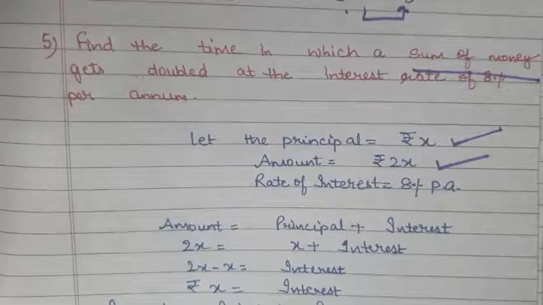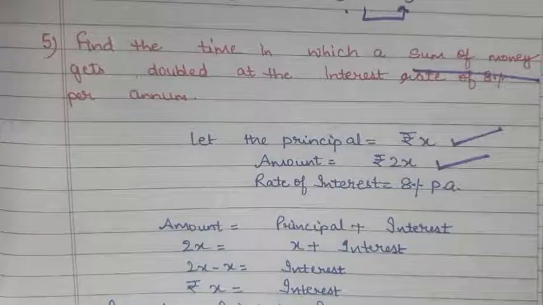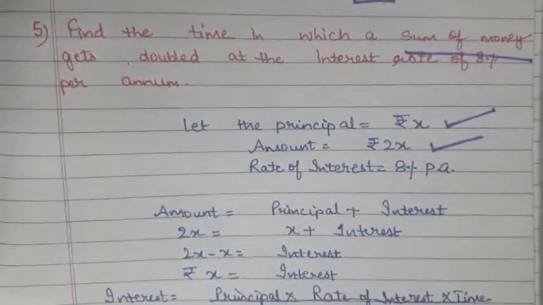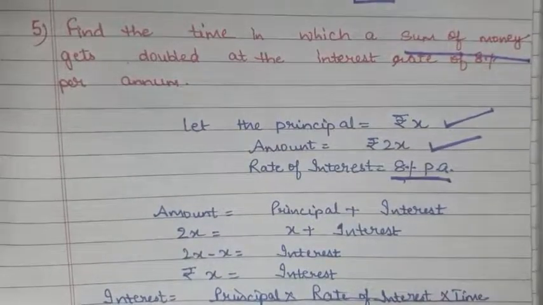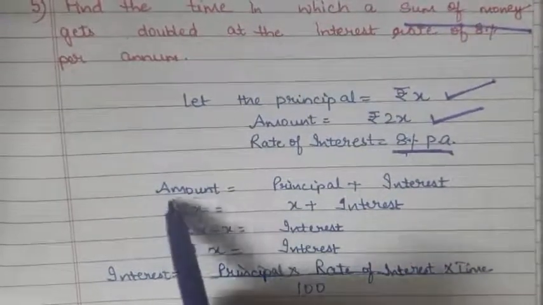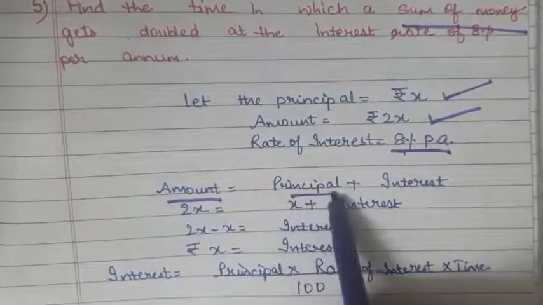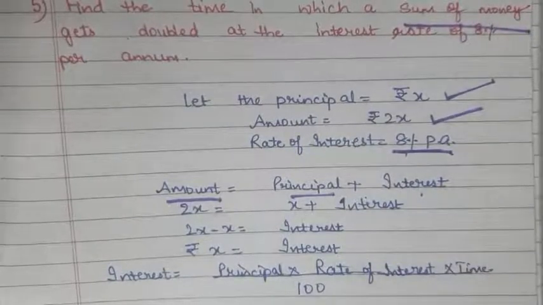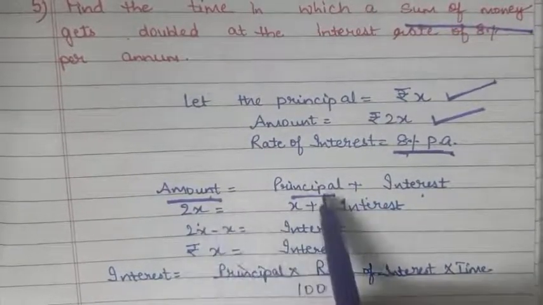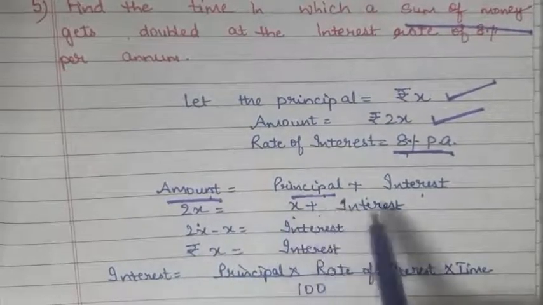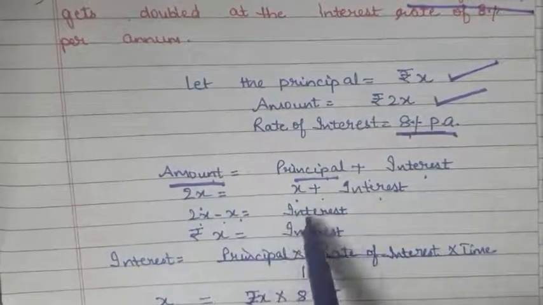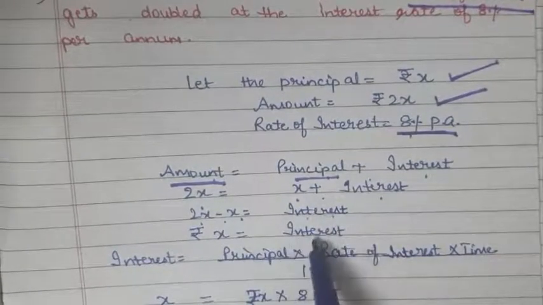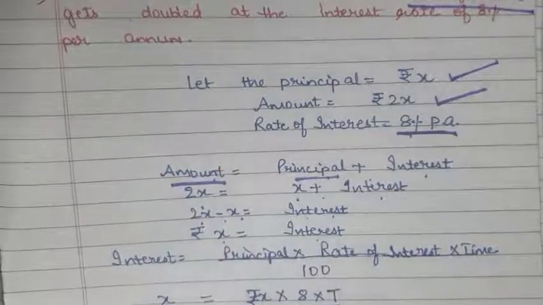It means the principal is x here and the amount will get doubled, that is 2x. The rate of interest is 8% per annum. So now what is the formula of amount? That is principal plus interest. Amount is 2x, principal is x plus interest. So 2x minus x is equals to interest. So the interest is x rupees.